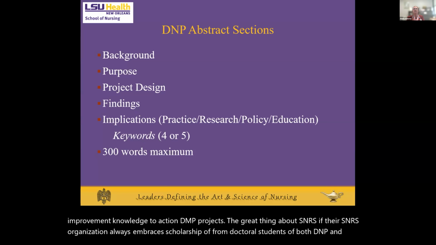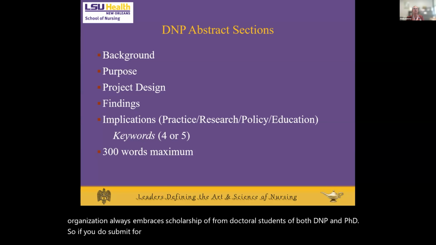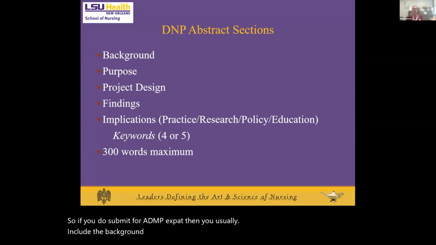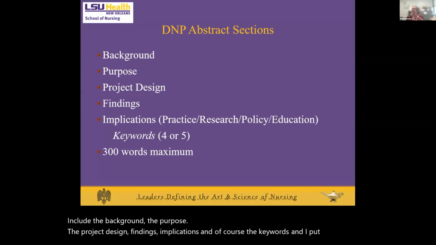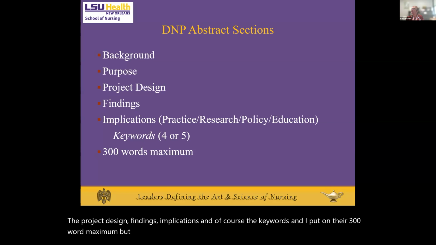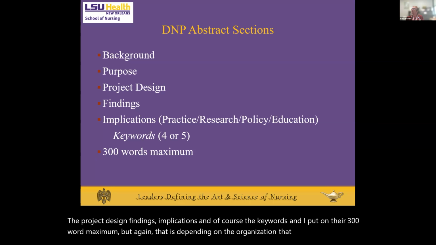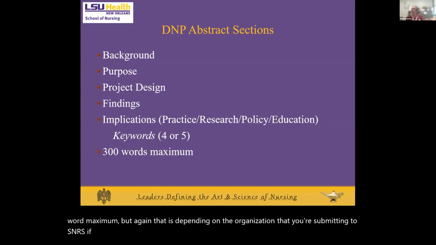So if you do submit for a DNP abstract, then you usually include the background, the purpose, the project design, findings, implications, and of course the keywords. And I put on the 300-word maximum, but again, that is depending on the organization that you're submitting to. SNRS, if it's 250 words, then don't go by this.